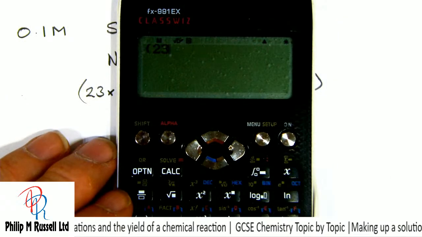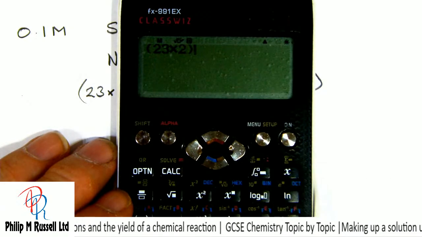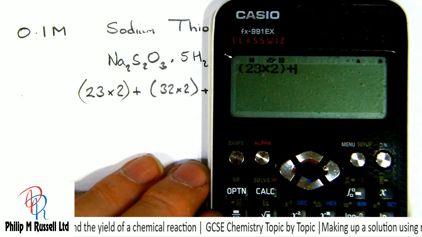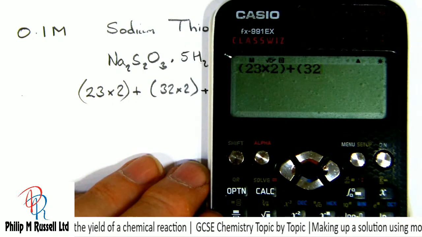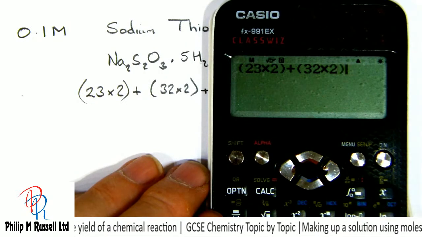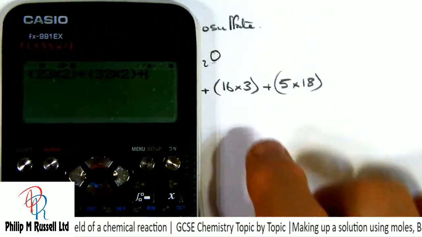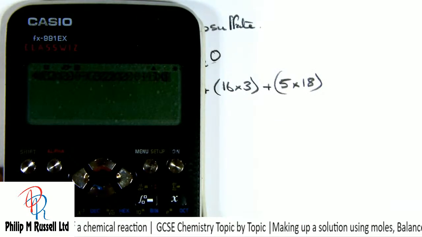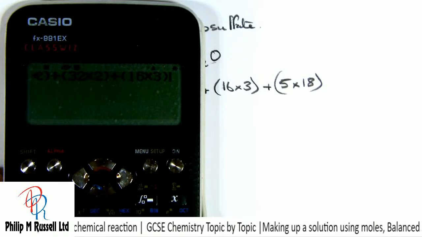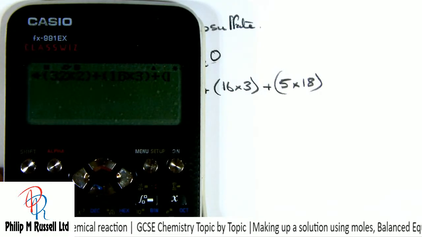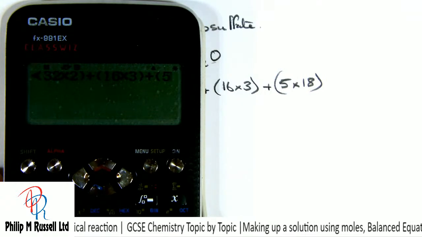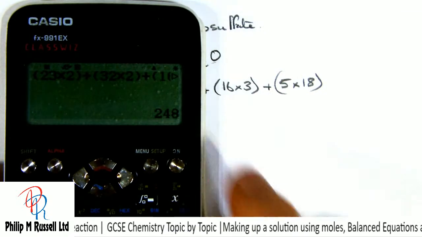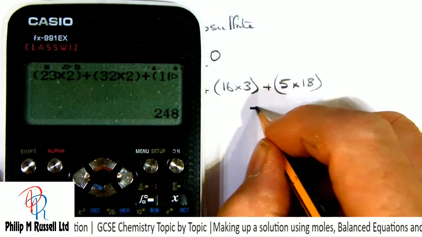So I've got 23 times 2 plus I've got my 32 times 2 plus I've got my 16 times 3 plus I have my 5 times 18, and that should give me 248.